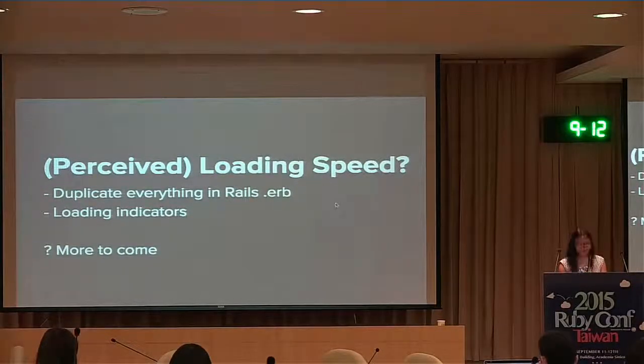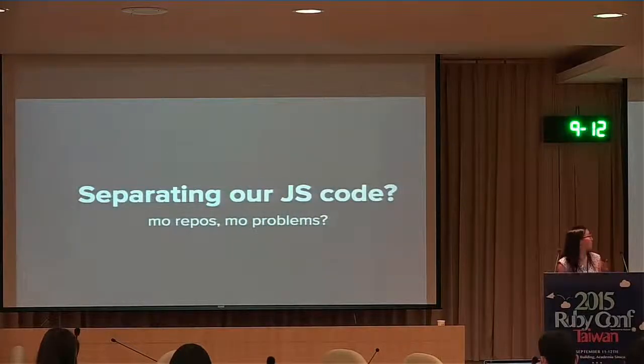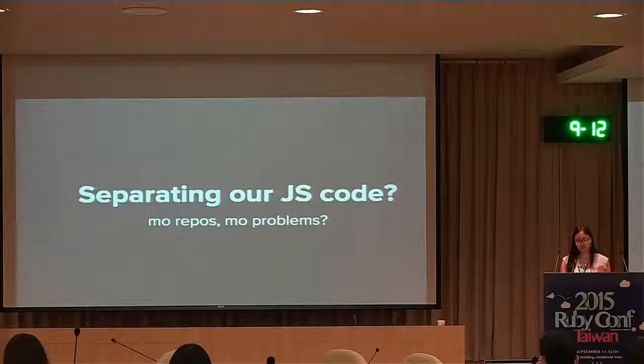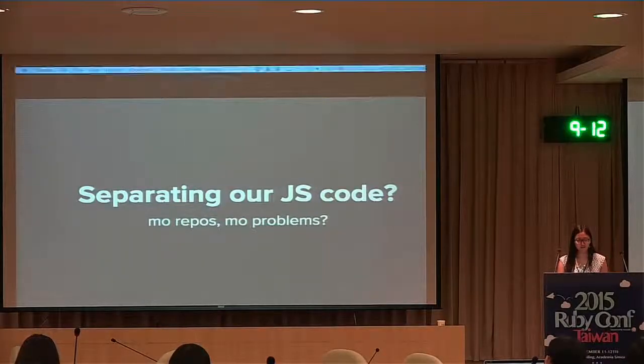And then one of the other things that we're working on is separating out our JavaScript code. We have taken our JavaScript out into a separate repository, and there are pros and cons to this. And we are trying to move towards an NPM style solution where we would include our versions of JavaScript on deploy by using npm install, like a private node.